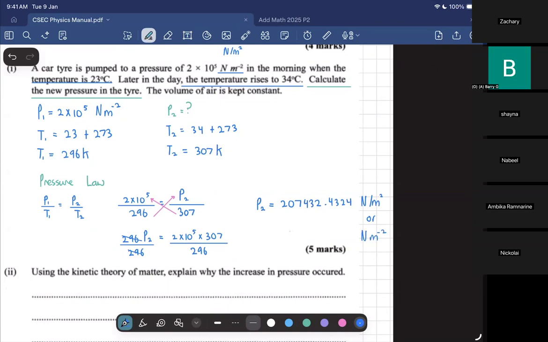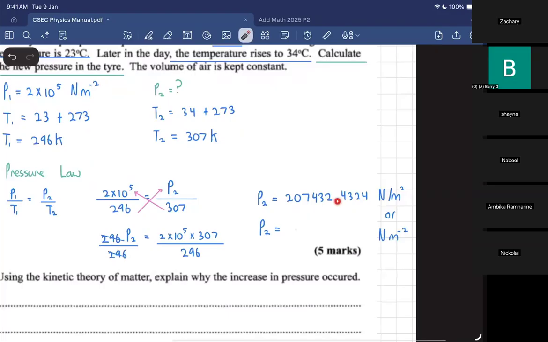Now, look at the form in which they gave us P1. They gave it to us in standard form, so we should write our answer in standard form as well. To do that, I'm going to shift my decimal place to right after the 2. So 1, 2, 3, 4, 5.